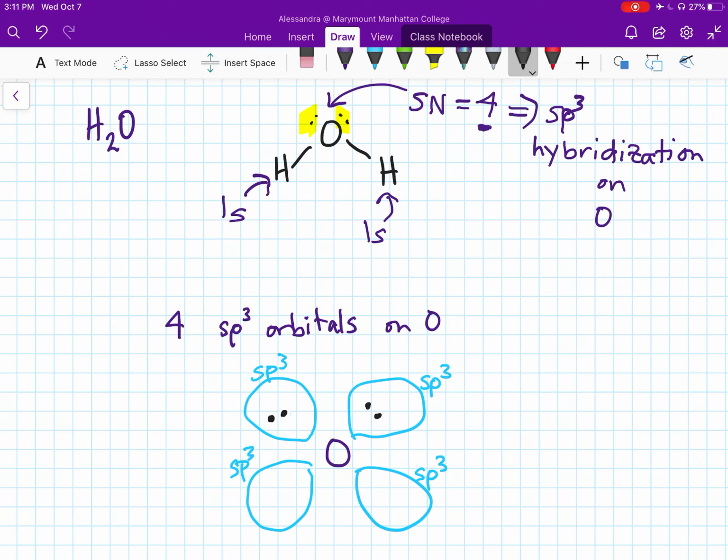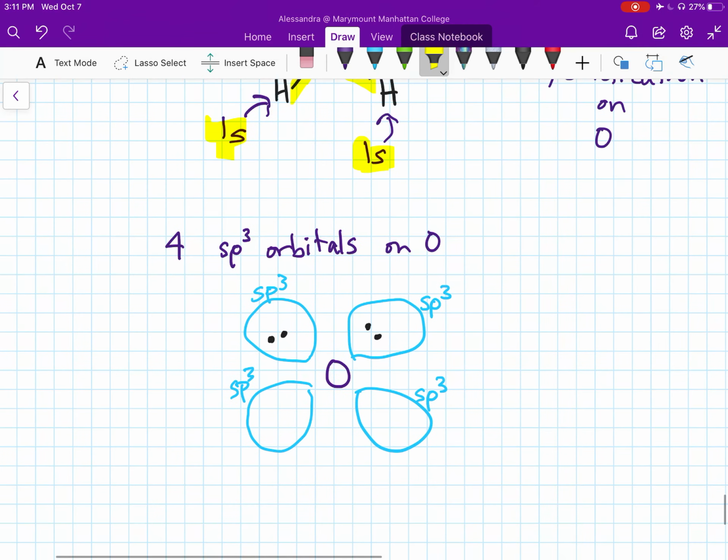The remaining 2 sp3 hybrid orbitals are going to overlap with the 1s orbitals on hydrogen to create the single bonds here and here. So let's draw what that would look like. Here I'm going to put my hydrogen atom, and here I'm going to put another hydrogen atom. The 1s orbital on hydrogen is just a spherical atomic orbital, so I'm going to put my 1s orbital there.